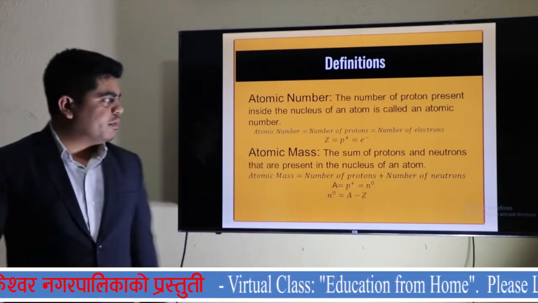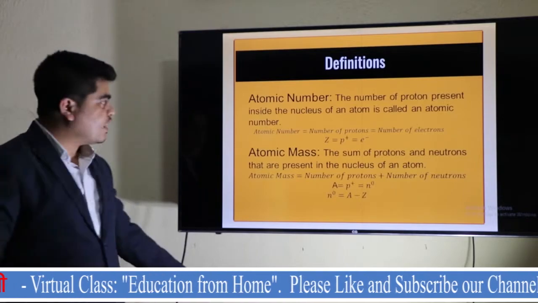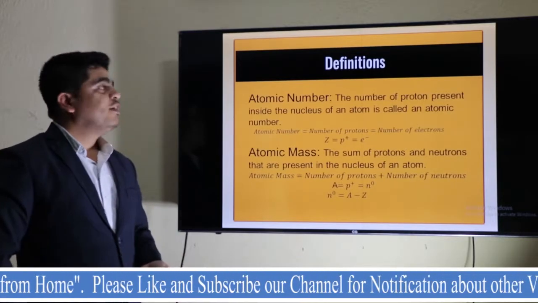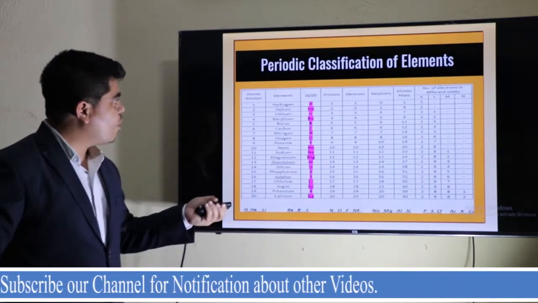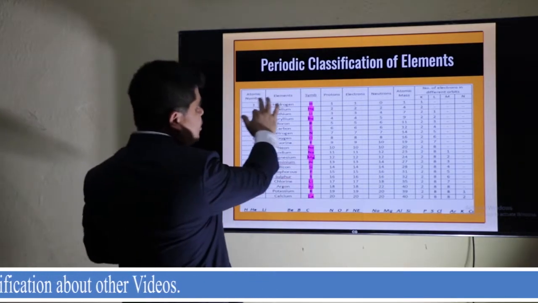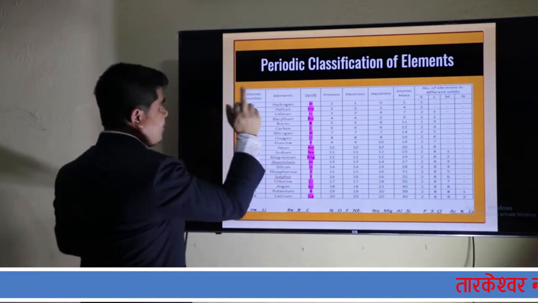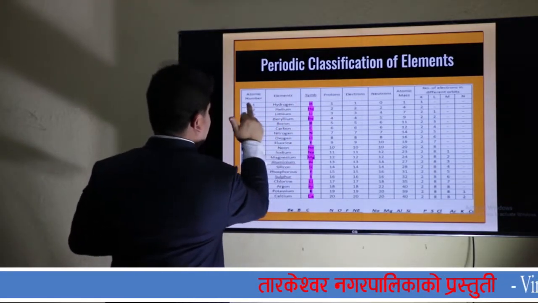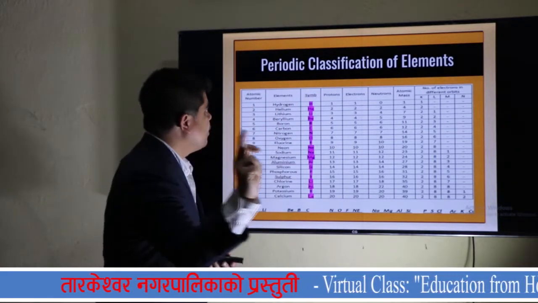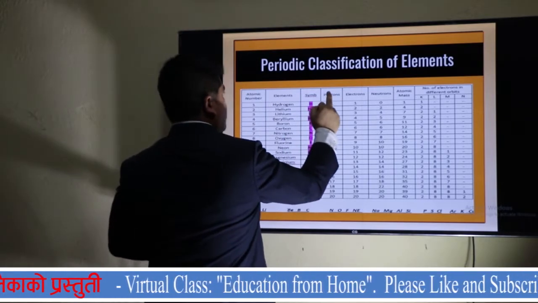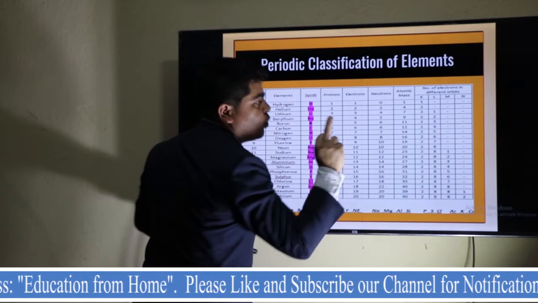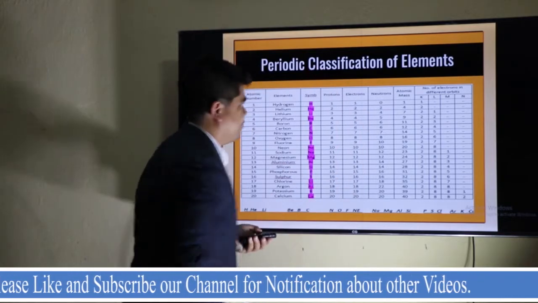So what is atomic number, what is atomic mass, and what is molecular weight? Atomic number is equal to the number of protons, which is equal to the number of electrons. If the atomic number of hydrogen is 1, then obviously the protons equal 1, and that equals the electrons.